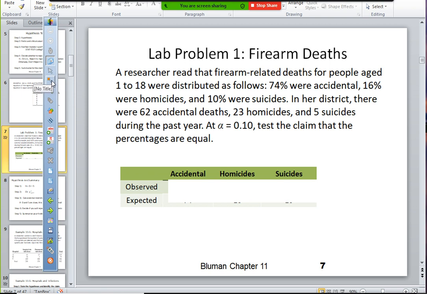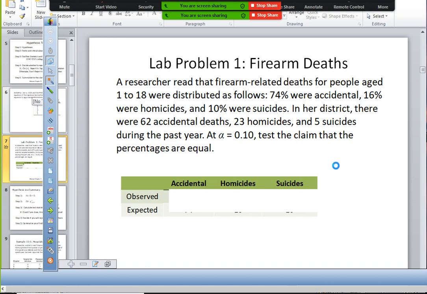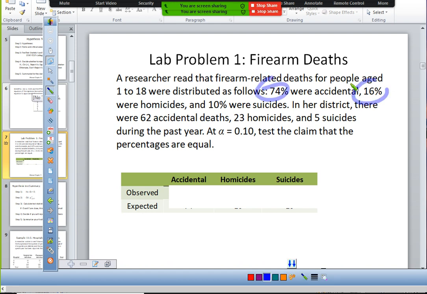The second kind of problem we encountered was firearm deaths. This is an example. So here, what kind of problem is this one? Well, I have categories. You read through it. I have percents, but I don't have just 1%.